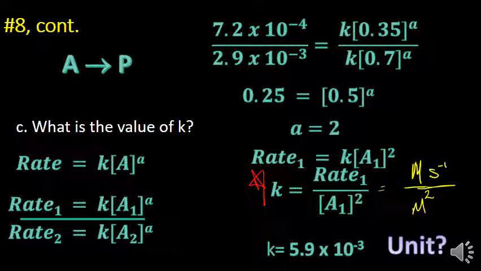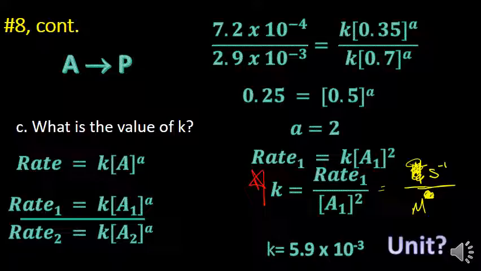So wouldn't it still be seconds over molarity? Well, what should we do with these two big M's? You can cancel out one. So this goes away, but one of them still stays. So what's your unit for K?